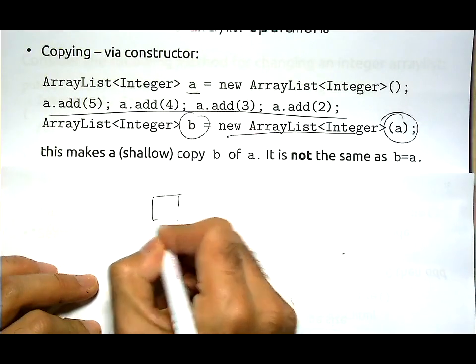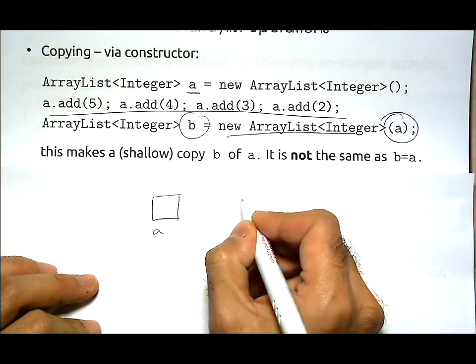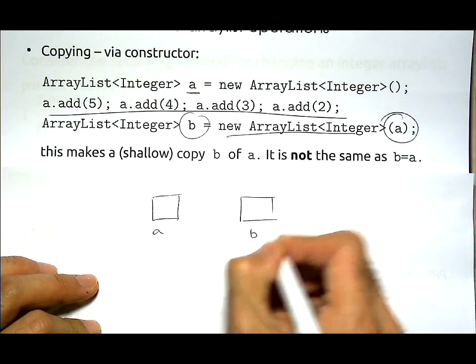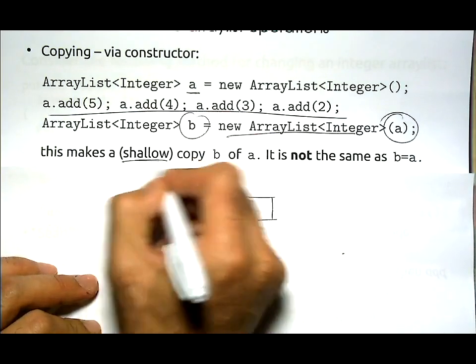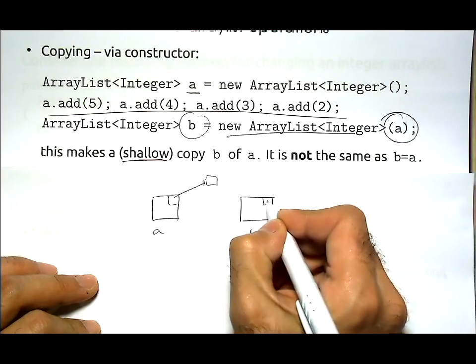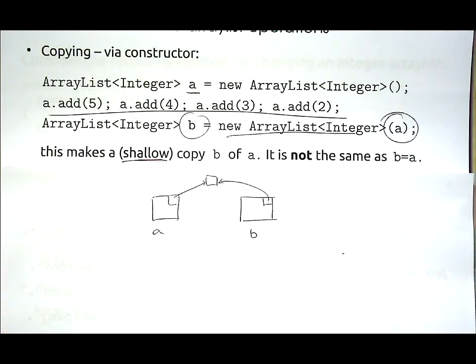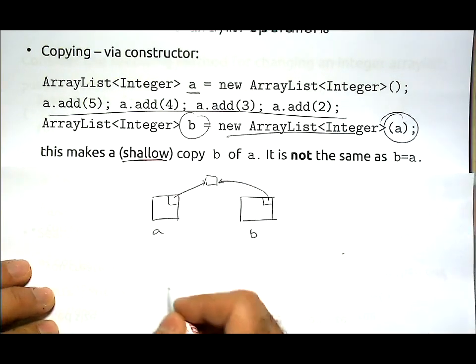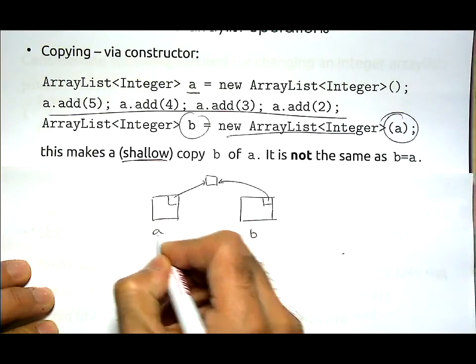So this will do the following. If you had A here, it will create a copy of it, which is B. And this is a shallow copy. If this guy was referring to some other object, you would get a copy referring to the same object. It is not the same as B equals A. Well, I have been imprecise here.